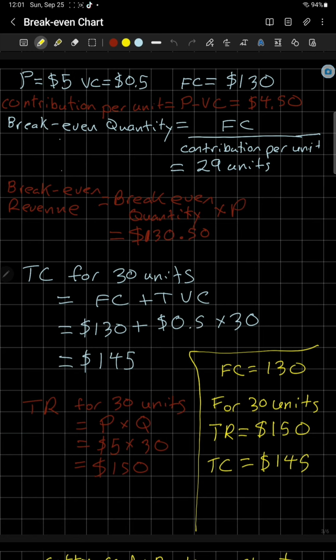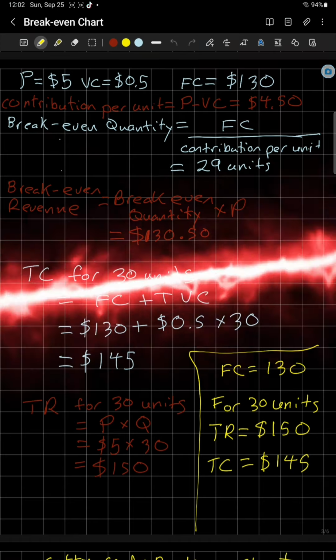So your total cost for 30 units is $145. Then your total revenue for 30 units is just price times quantity. So it's $5 times 30, which is $150. And the information you really need is in this little box here. Fixed cost, $130. And for 30 units, I got a total revenue of $150 and a total cost of $145.